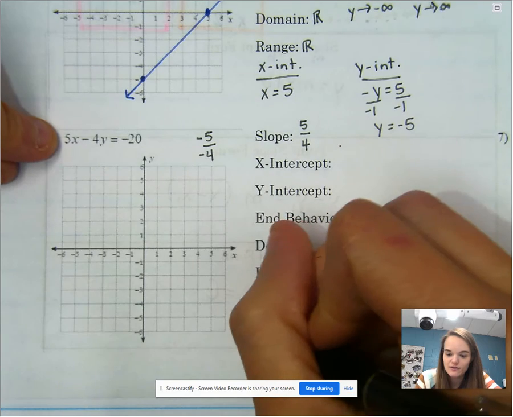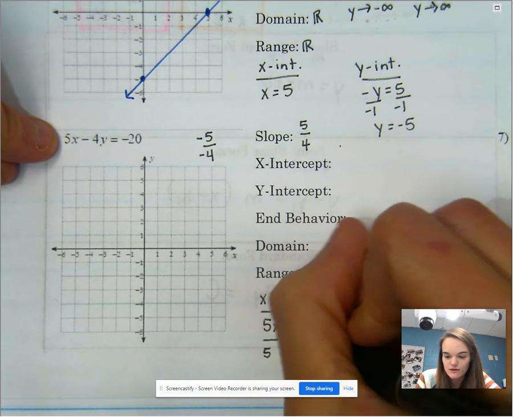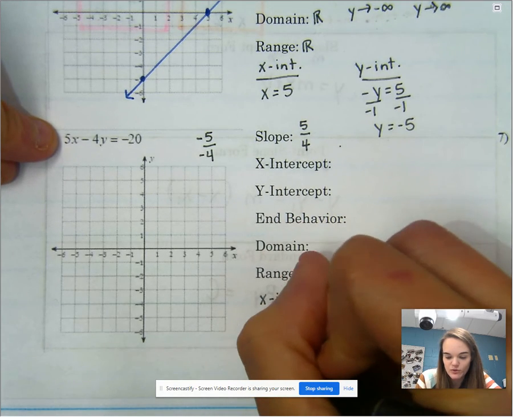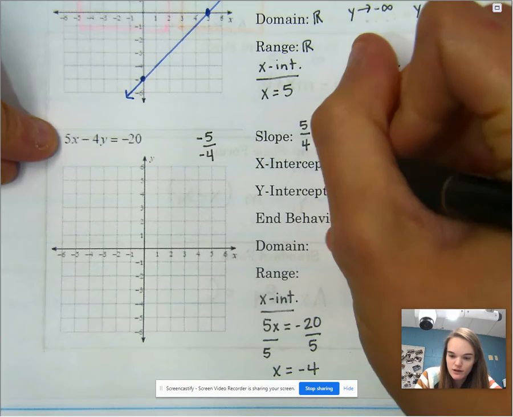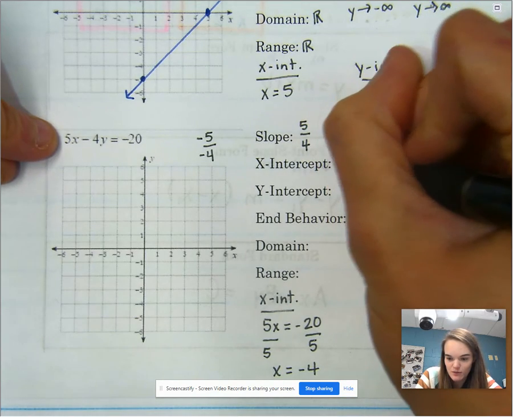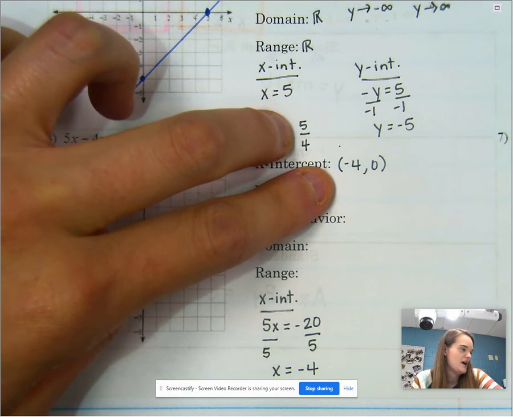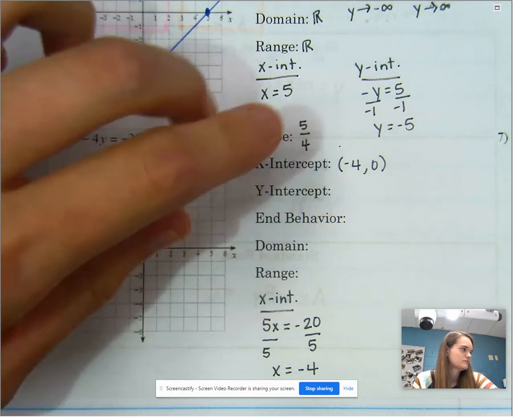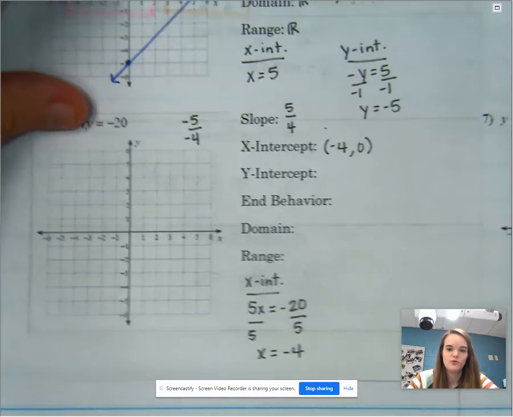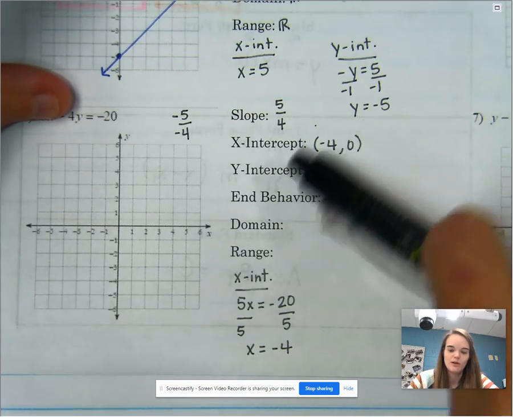We divide by 5. We get x equals negative 4. Negative 4, comma, 0. By the way, I could actually go ahead and graph this now. I'm not going to, but I could. The second you get two things, as long as you have slope and a point, you can always graph.